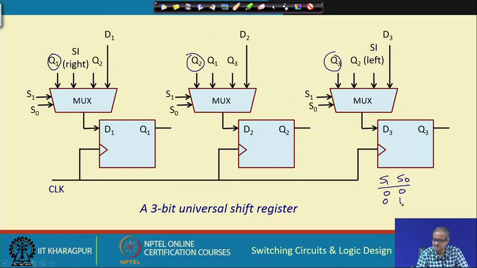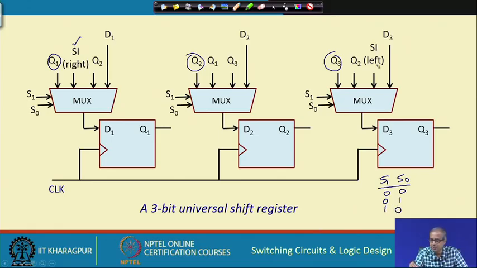0 1 means shift right. So, for 0 1 the serial input right is being fed here, Q1 is fed here, Q2 is fed here. It is just like a serial shift right, and 1 0 means serial shift left.